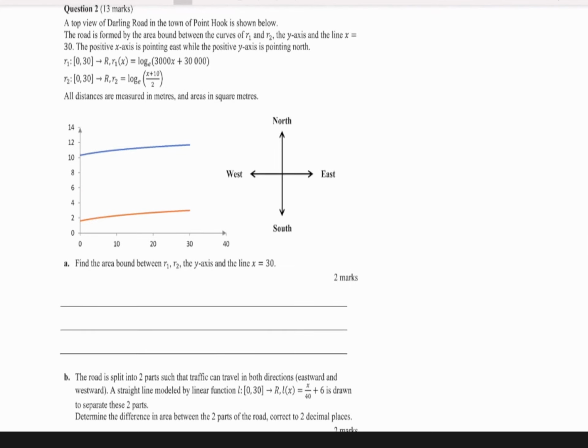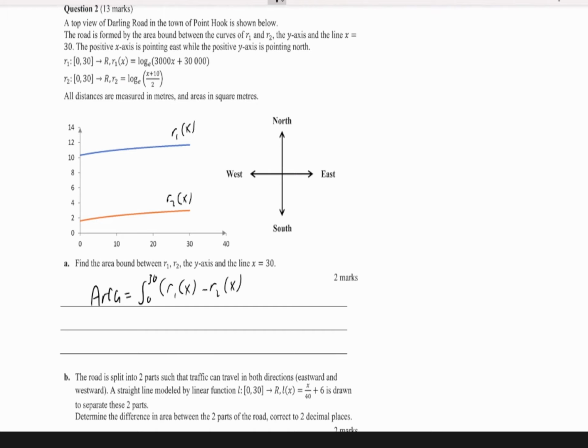Question 2, find the area bounded. Okay, so the area equals upper boundary 30, because that's the max value you can take, and 0 lowest value, and then r1x minus r2x. I forgot to say this line here is r1x, and this line here is r2x.